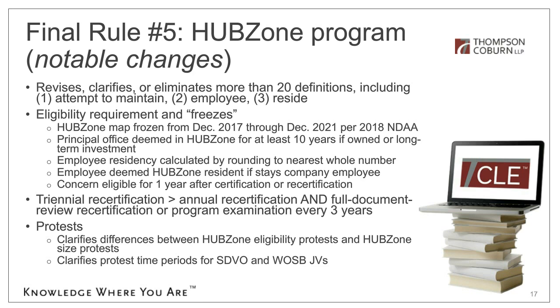SBA, though, because of the benefits that these companies are going to get, has moved to an annual recertification and a full document review recertification or program examination every 3 years. So the annual recertification would really be something that is just a recertification. There's not going to be a requirement up front, at least, for supporting information or documentation, but SBA could, of course, request that.